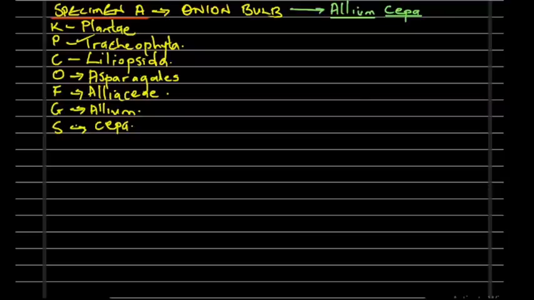So moving further, we said the scientific name is called the allium cepa. It is a vegetable, an underground bulb.